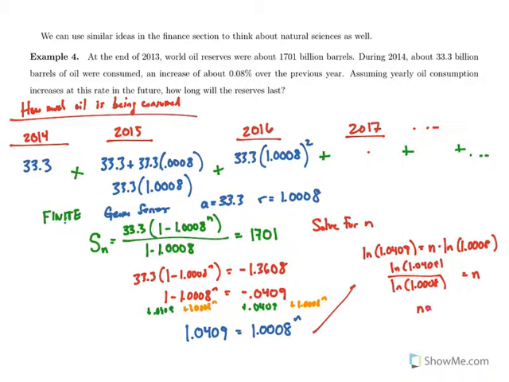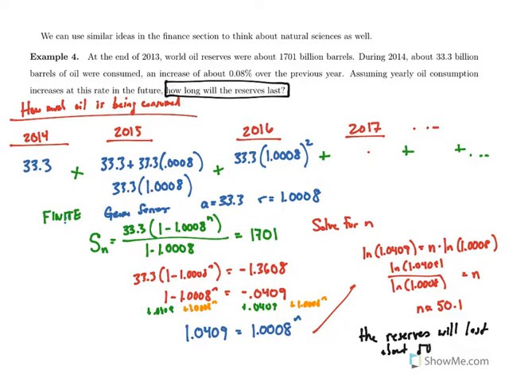We get n is about 50.1. So this is saying, how long will the reserves last? The reserves will last about 50 years. A little bit more than 50 years.